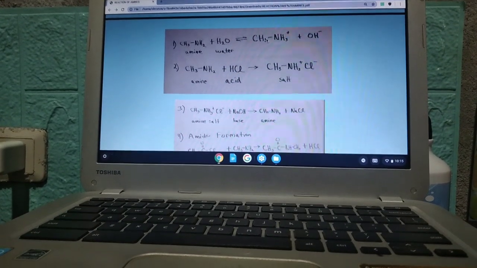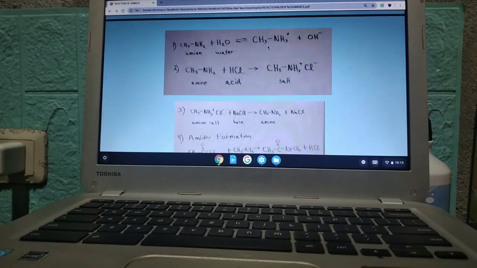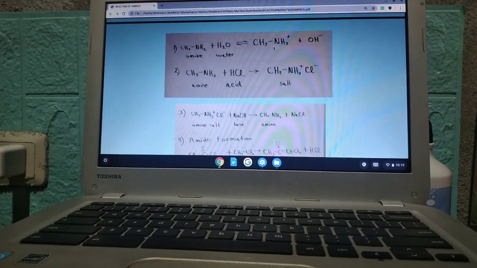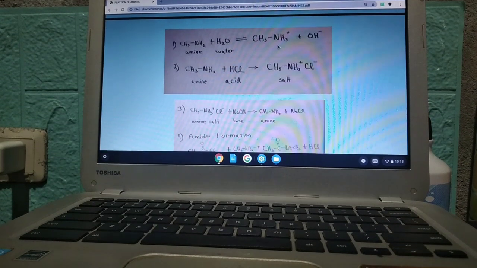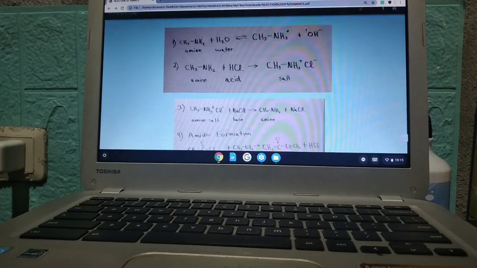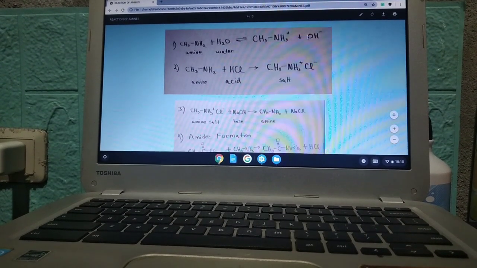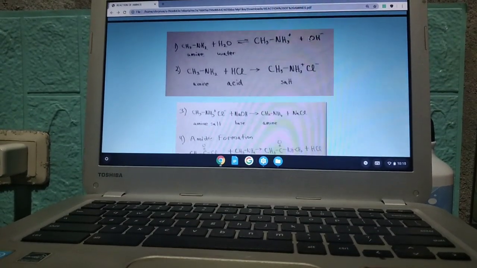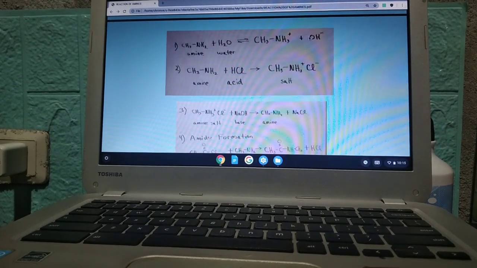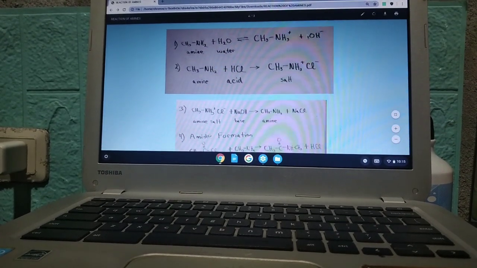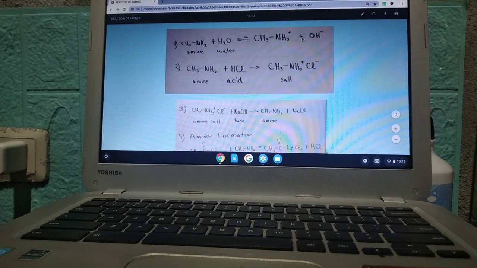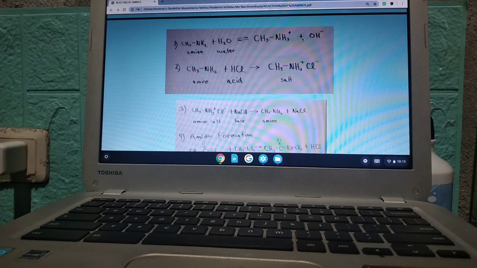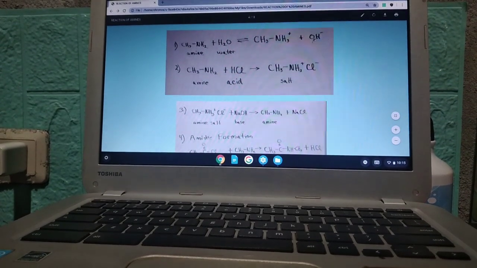We get a positive charge, CH3NH3 plus, and left behind is the OH negative. If we were to test this reaction with pH paper, we'd find that it's basic because of the presence of the OH ion and because of the presence of the nitrogen too.